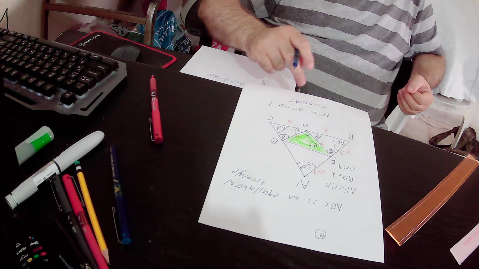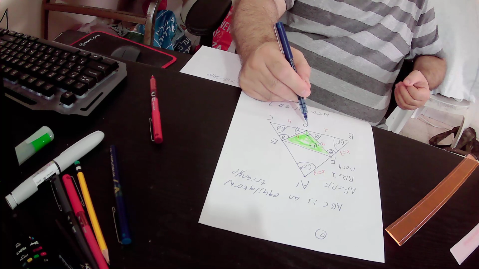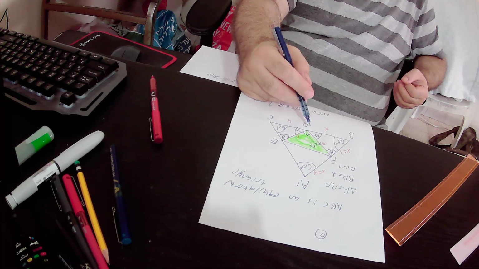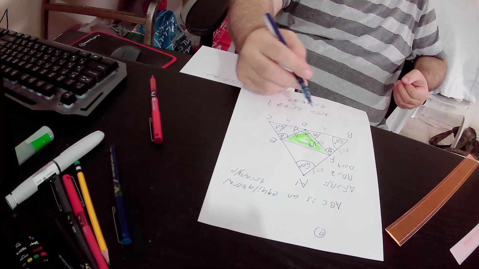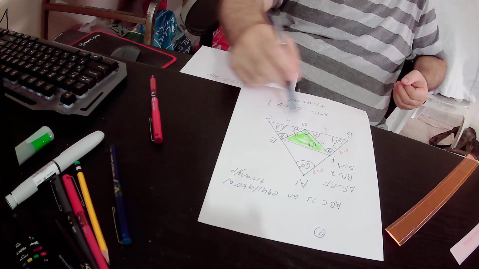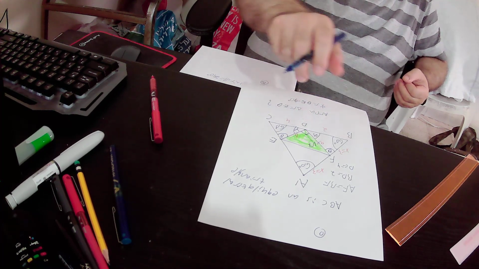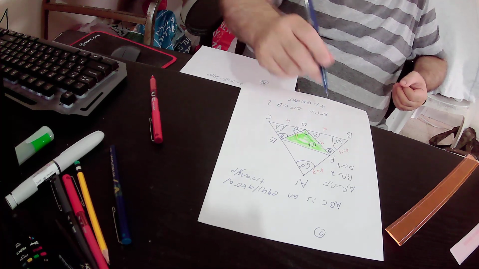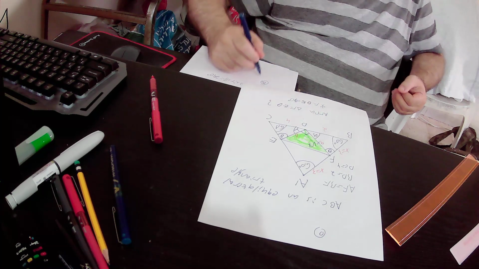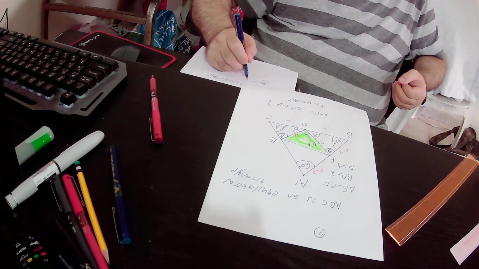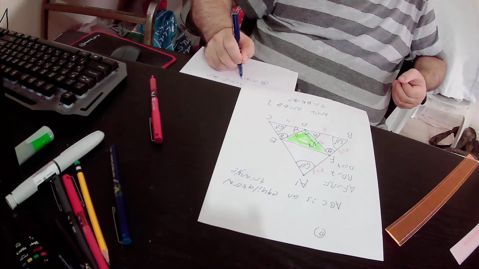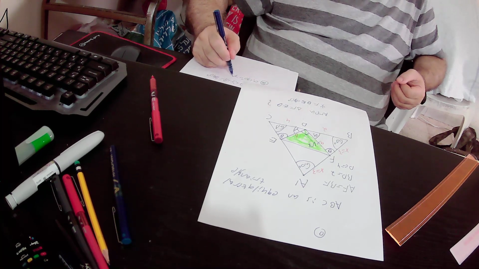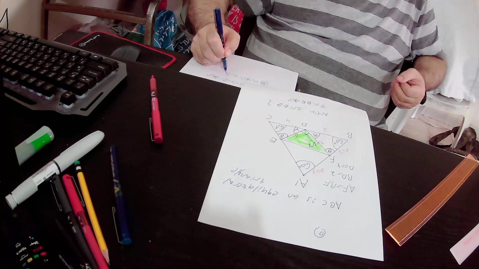If we focus on point D here, the sum of the angles on the upper side of side BC will be equal to 180 degrees. That is to say, alpha plus 90 degrees plus gamma equals 180 degrees.